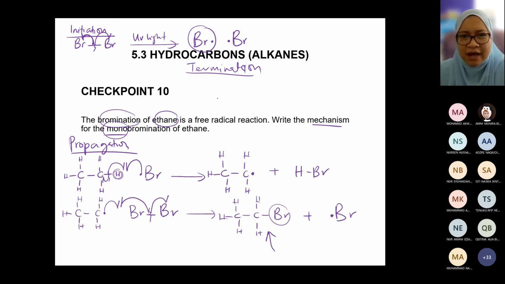Okay, paling senang Br with Br. Okay, alright. So these two will attack one another and form a bond, producing Br2. Okay, another one is CH3. Saya pendekkan supaya senang.